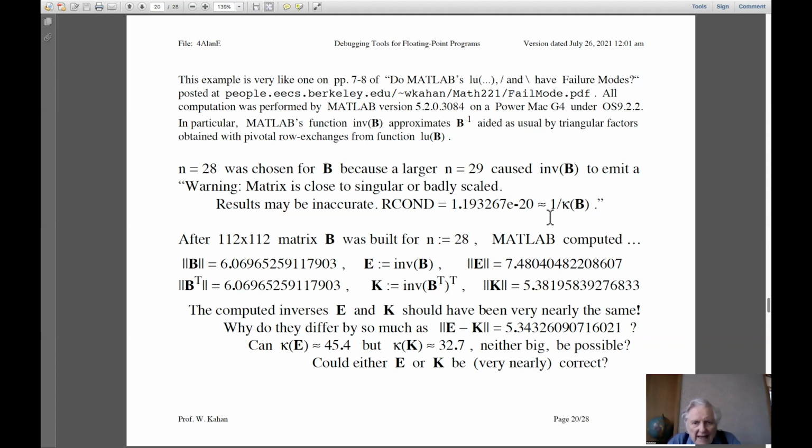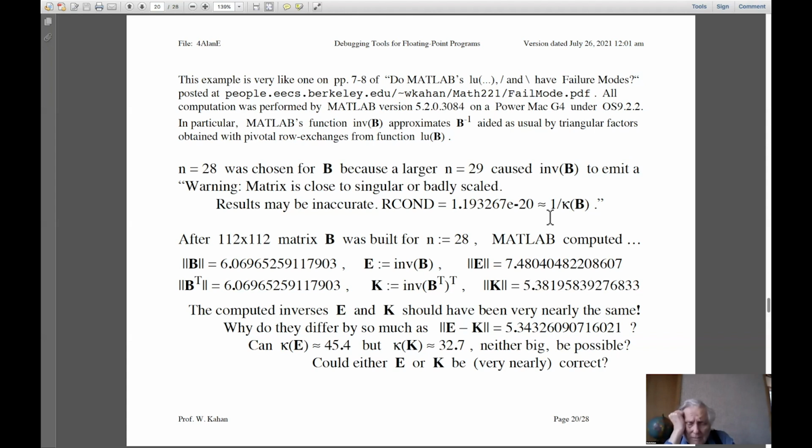So E and K ought to be the same, at least in principle, but they aren't. Look, E is about 7.5 and K is about 5 1/3. That's quite a difference for two inverses that ought to be the same. So round off must be virulent. Why do they differ by so much?